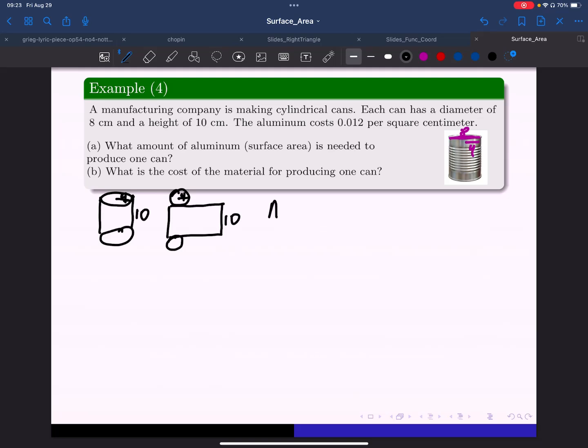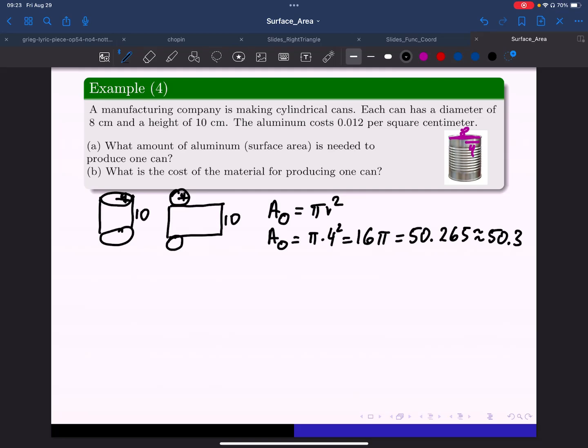So area of the circle is pi r squared. So area of the circle is pi times 4 squared, which is 16 pi. If we use the pi button, we should get 50.265, which is approximately 50.3 centimeters square.